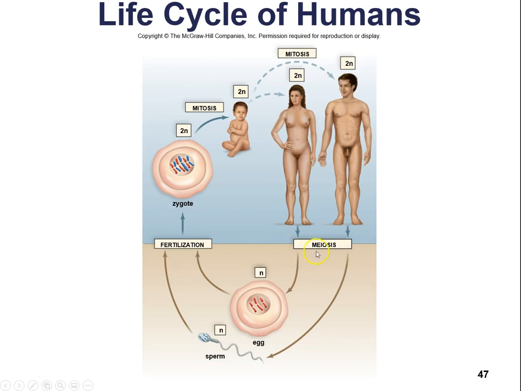The only thing that meiosis is involved in is the production of egg cells and sperm cells. Once that zygote forms, it's all mitosis. So this is basically showing you the role of meiosis and mitosis in the whole life cycle of a human.